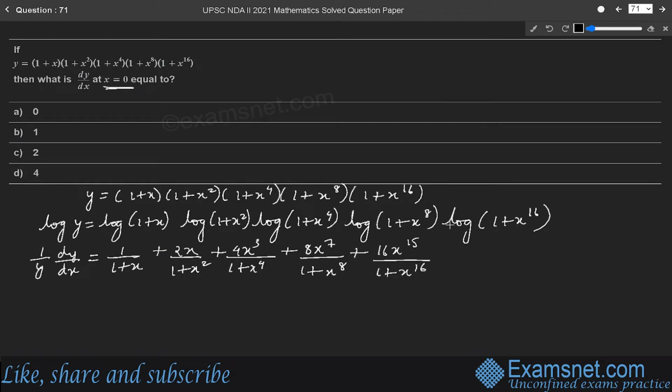So now you can see in the question that we have to find dy by dx at x equal to 0. So y will also be 1 when x is equal to 0. In that condition y will be 1.